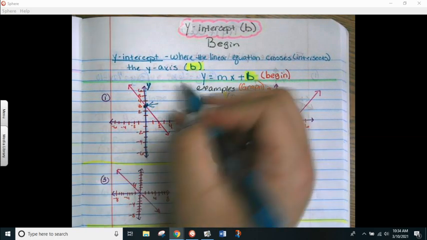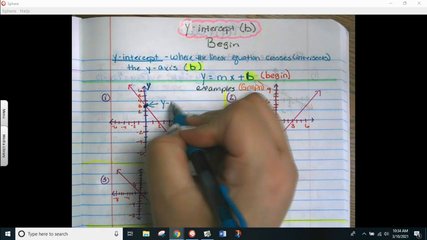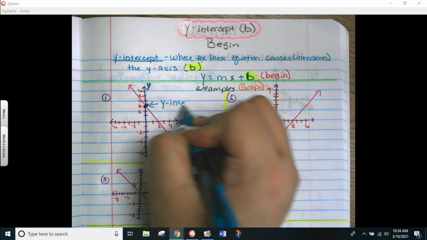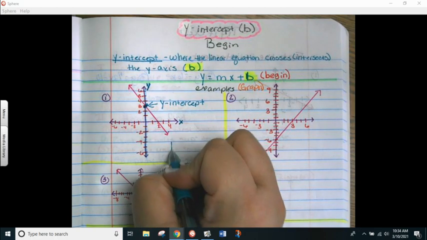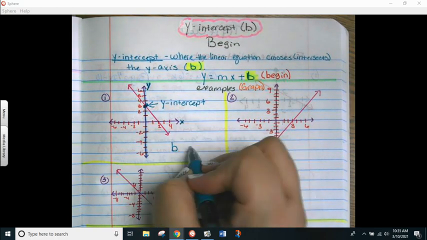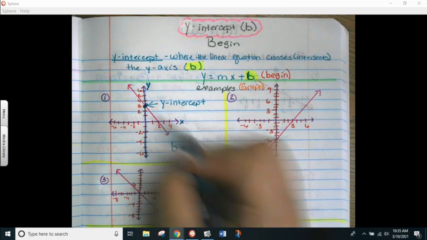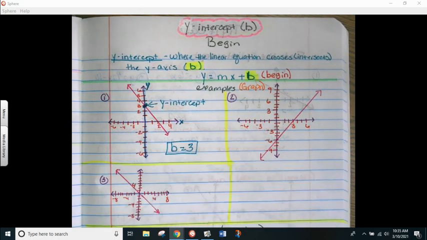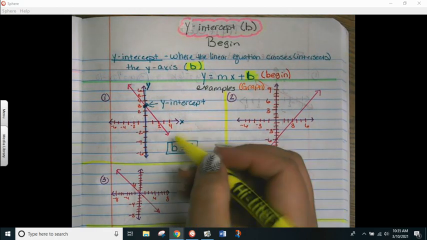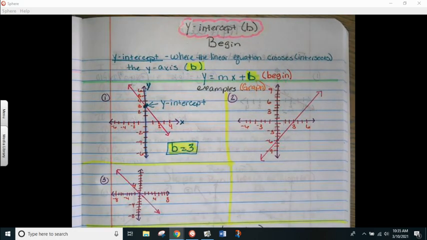So that is my y-intercept. And I will just write it as lowercase b equals a positive 3, because it's on top. That's it.